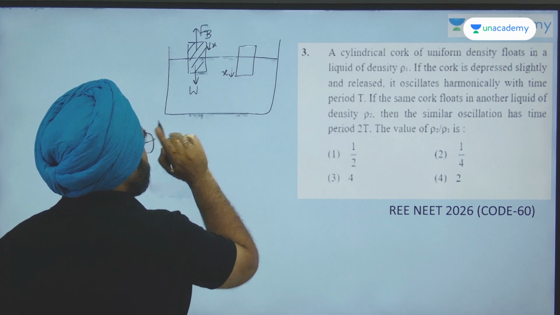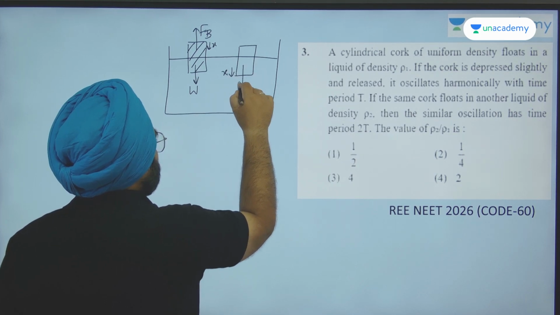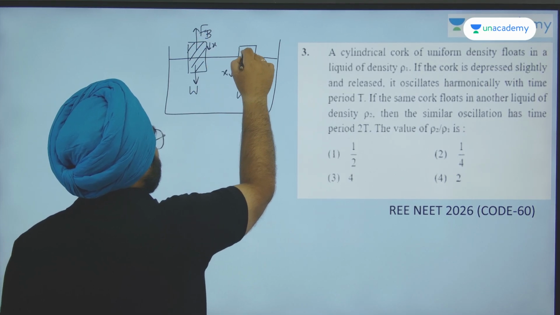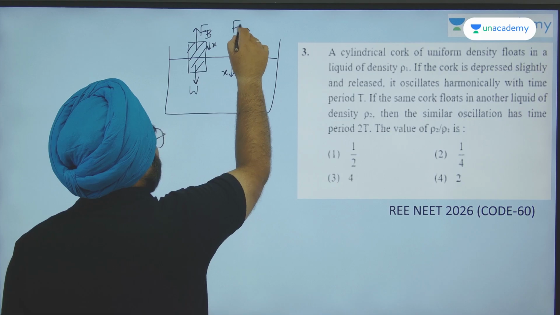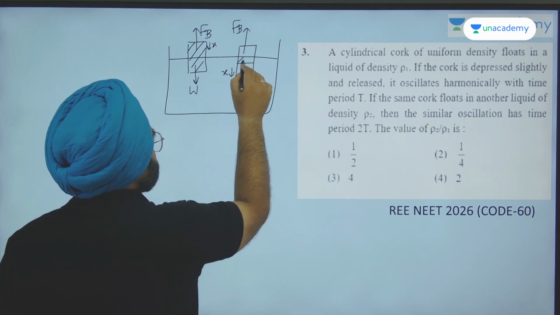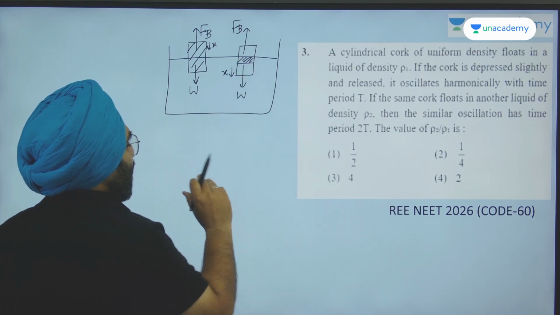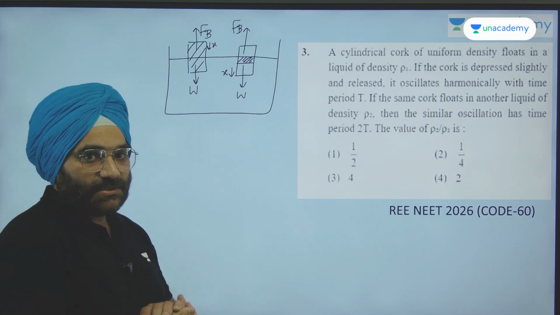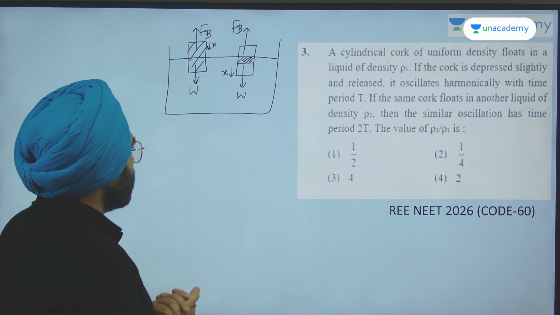Now again, W is acting, and this buoyant force is acting exactly here, but an extra buoyant force will start acting. How much? This much volume. Due to the extra liquid which got displaced, the buoyant force will be acting.